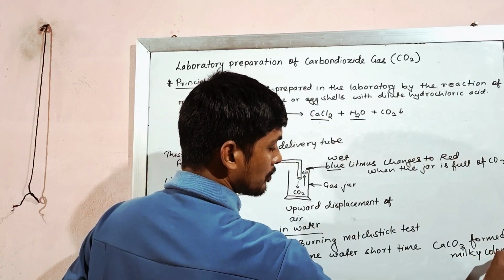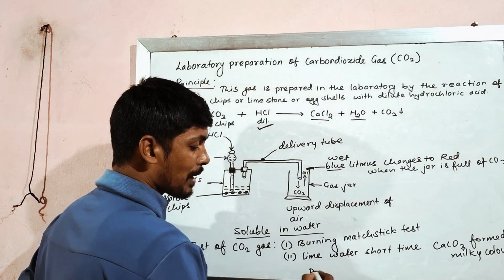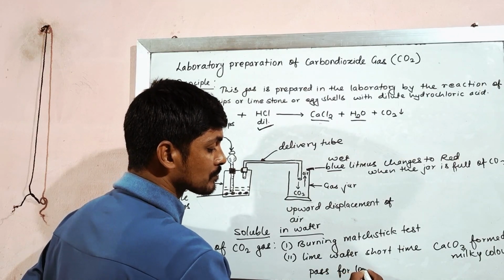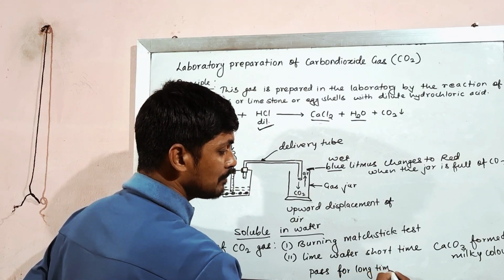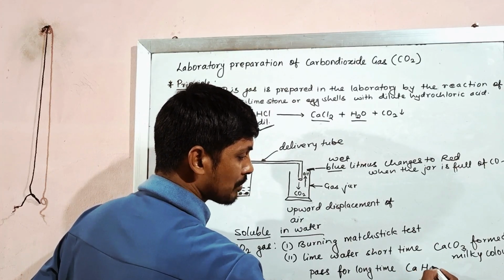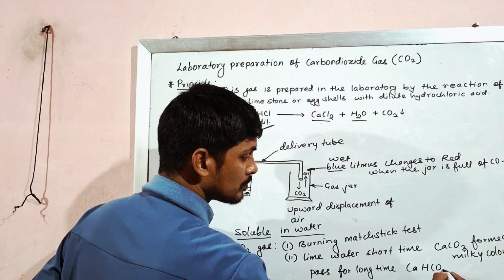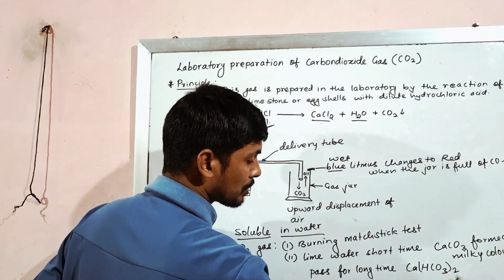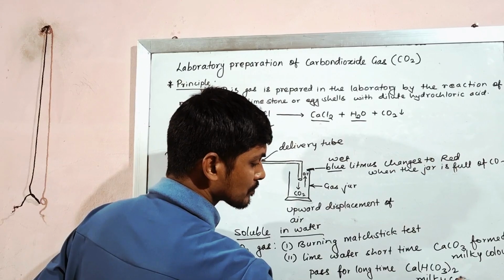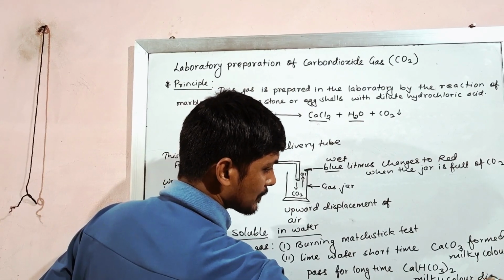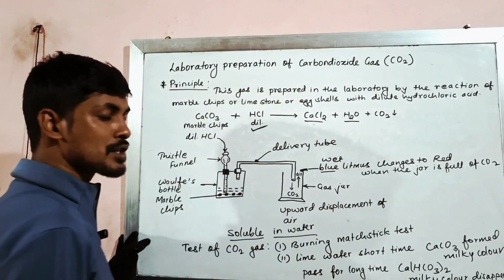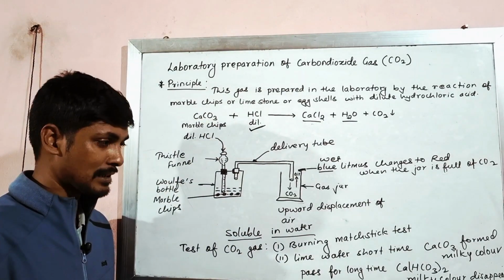For a long time, calcium bicarbonate is formed, due to which the milky color disappears. This is called the sure test of carbon dioxide gas.